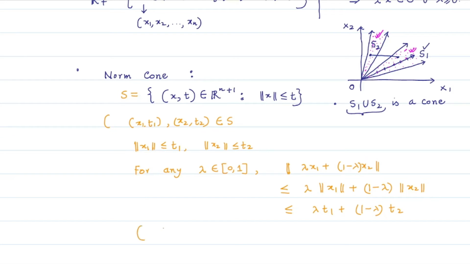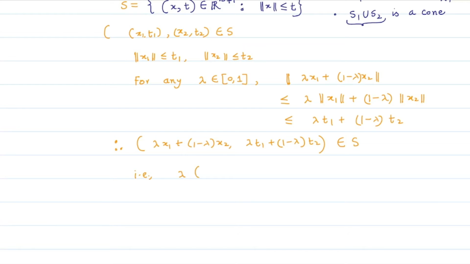And therefore we see that the point lambda x1 plus 1 minus lambda x2 together with lambda t1 plus 1 minus lambda t2 is belonging to the set capital S, and hence lambda times (x1, t1) plus 1 minus lambda times the other point (x2, t2) is belonging to the set S. This is happening to be true for any choice of lambda in between 0 and 1, and therefore the set capital S, which we call as norm cone, is a convex set.